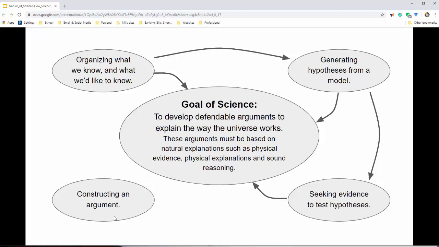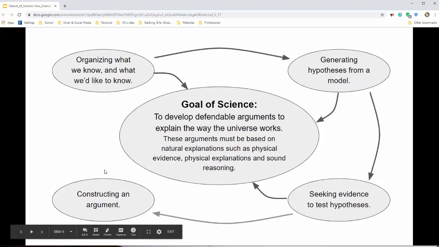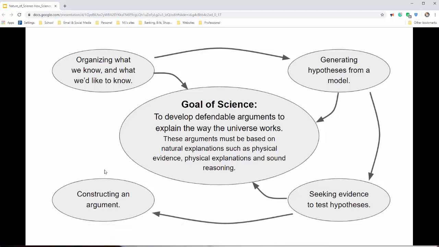So constructing the argument is a harsh process sometimes. But when you go from the hypothesis to that, you take the evidence you have, you write it up, go through the peer review process. Maybe you publish it somewhere and people write nasty things about it.